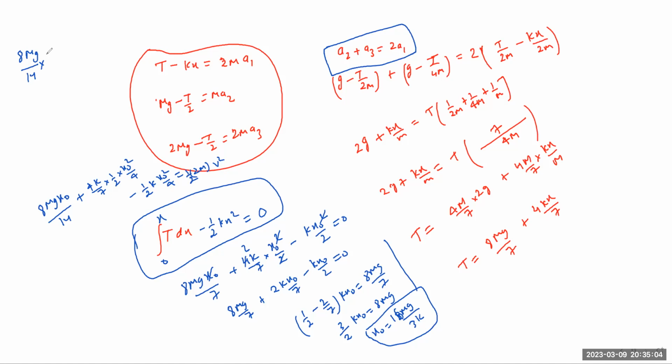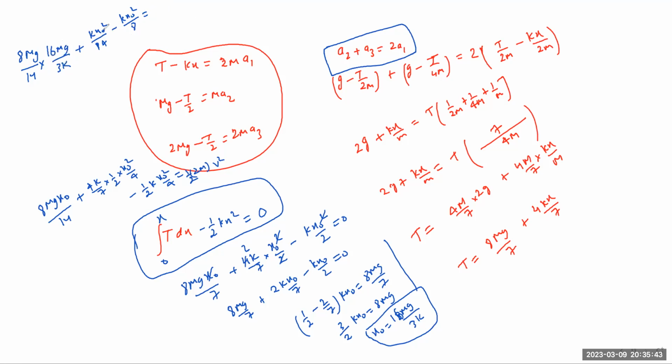8 mg x naught by 2. x naught is how much? 16 mg by 3k, plus k square by 2 into 40, minus k square by 8, equals m v square.